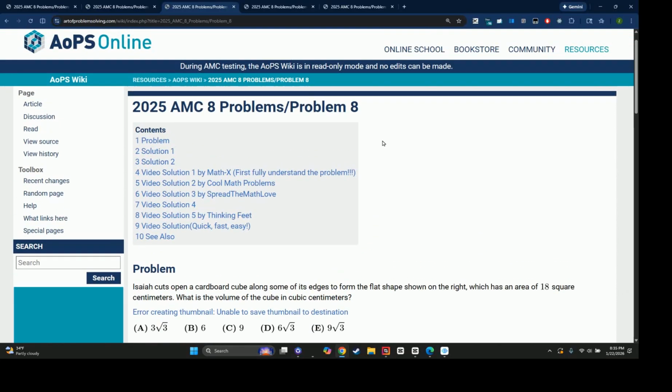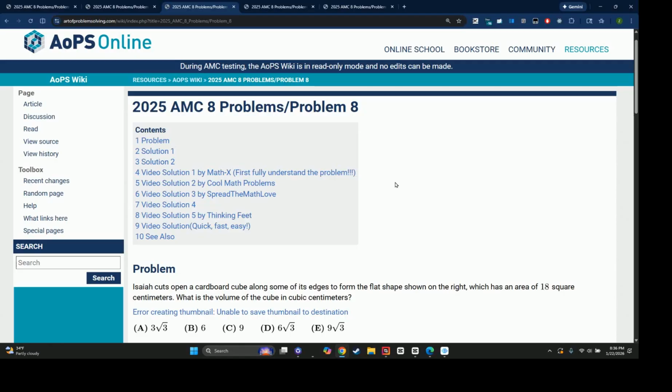Next problem, read it yourself. Isaiah cuts open a cardboard cube along some of its edges to form the flat shape shown on the right, which has an area of 18 square centimeters. What is the volume of the cube in cubic centimeters?